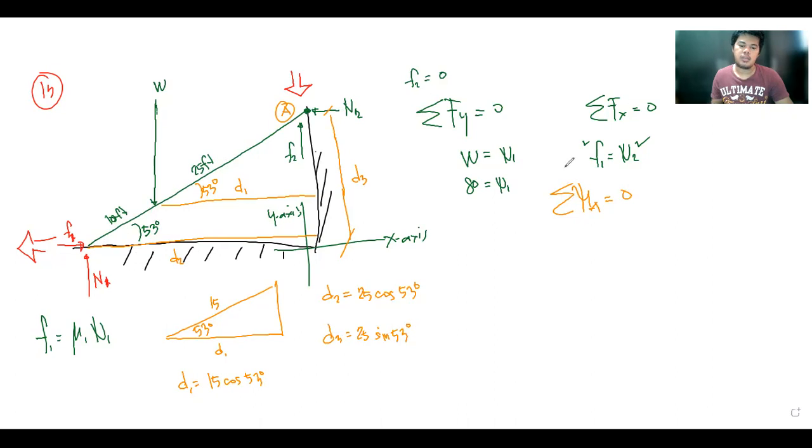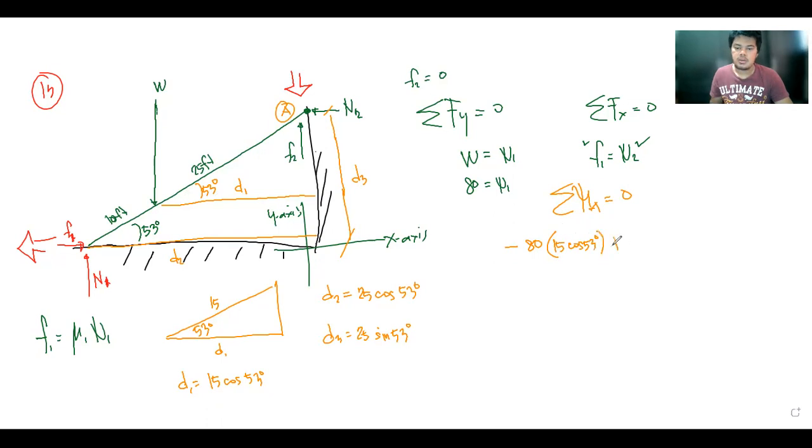Going back to the moment equation, the weight will create a negative moment because it produces a counterclockwise rotation. So that's negative weight, 80, multiplied by D1, the perpendicular distance, 15 cosine of 53 degrees.